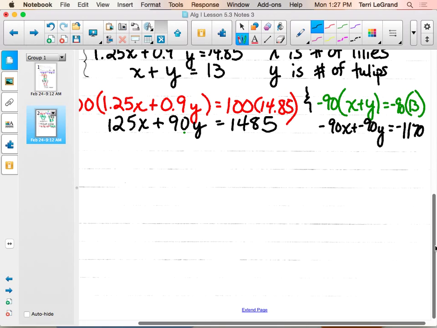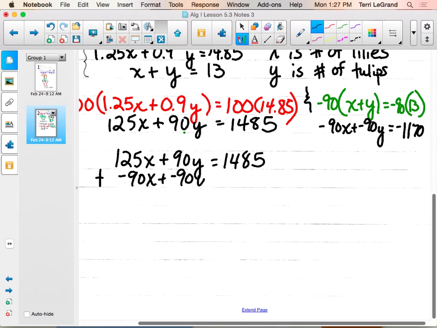So we're going to take our 125x plus 90y equals 1,485, and add to it our negative 90x plus our negative 90y plus our negative 1,170. And all is well because our y's are going to cancel. So go ahead and solve for x.